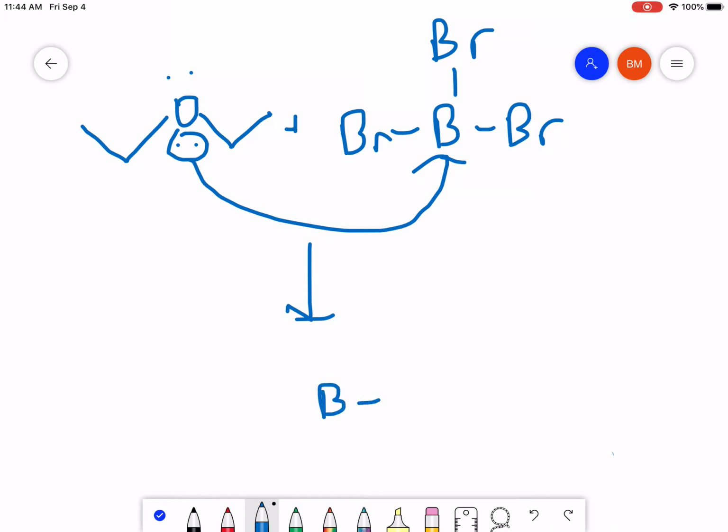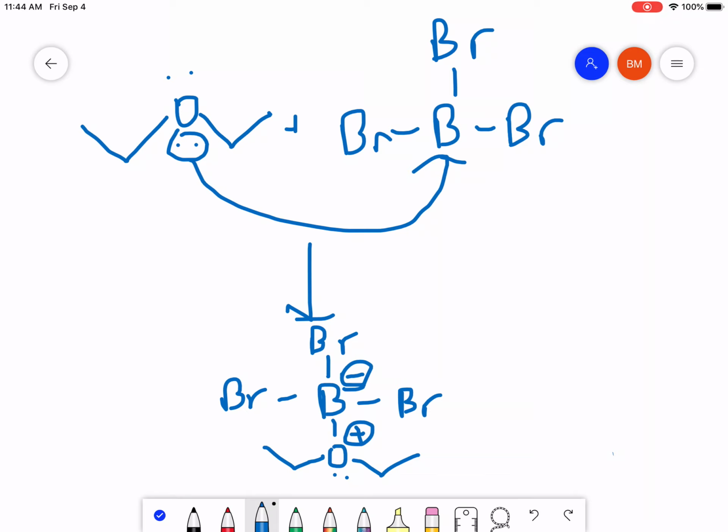you end up getting this. Boron was neutral, it's accepting electrons, it becomes negative. Oxygen was neutral, now it's having to share some electrons, so it's positive. So that's your product. If we wanted to classify these, the diethyl ether on the left is definitely our Lewis base because it's donating electrons.